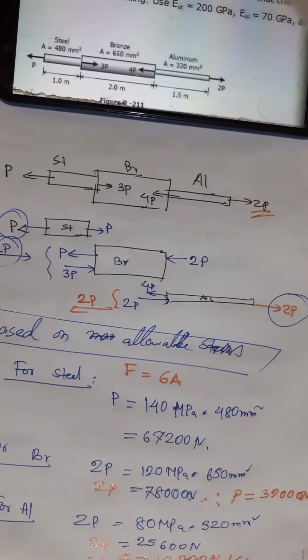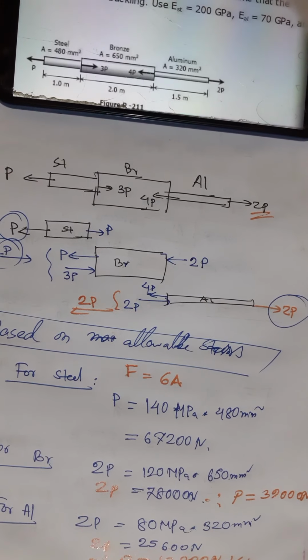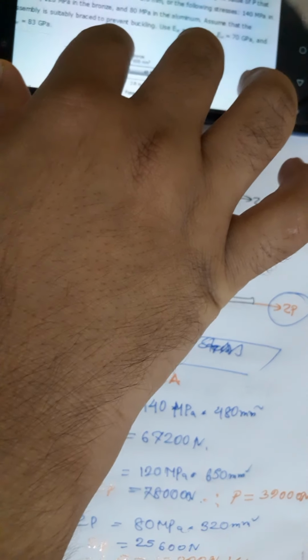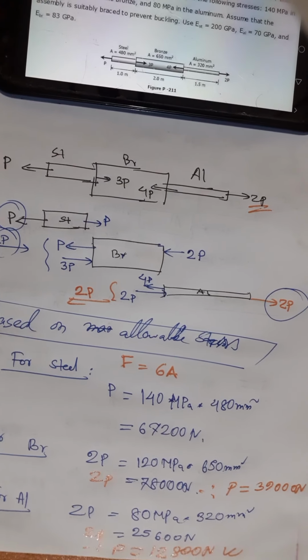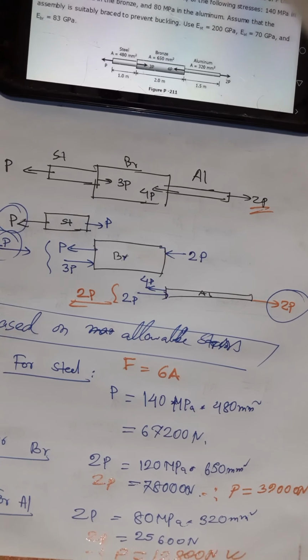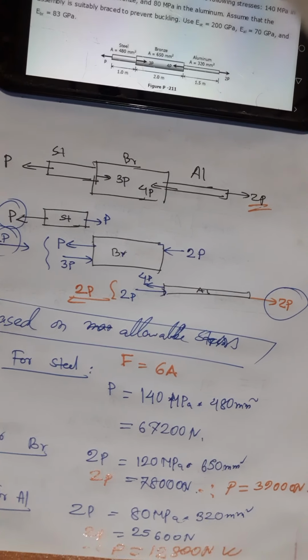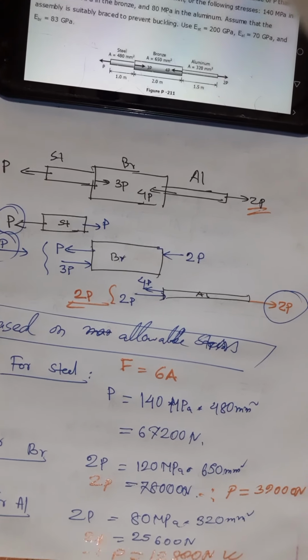Now we are to find the maximum value of P in terms of deformation, that is total elongation or deformation. So the member can be elongated or compressed maximum 3 millimeter, and we will find the corresponding P value.